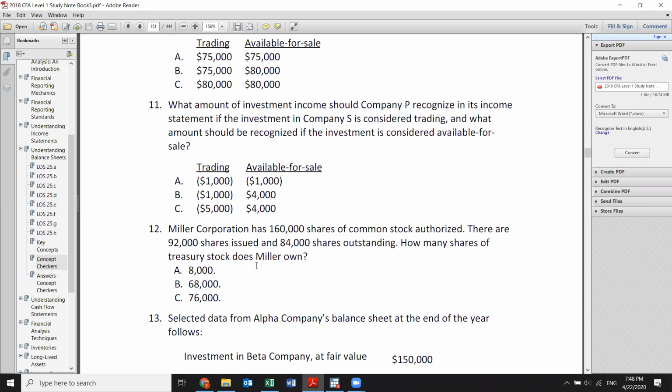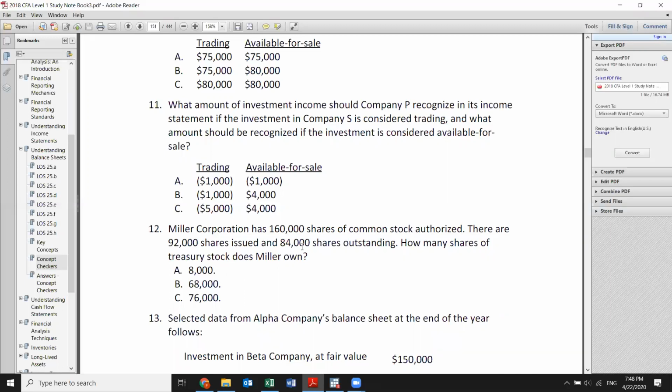We know that if the company has no treasury stock issued before, so there's zero treasury stock, that means the number of shares issued will be equal to the number of shares outstanding.